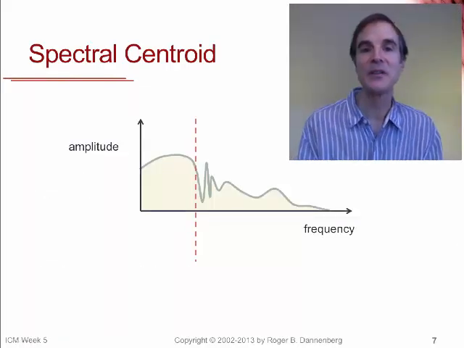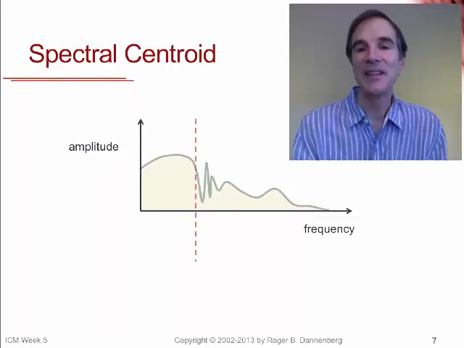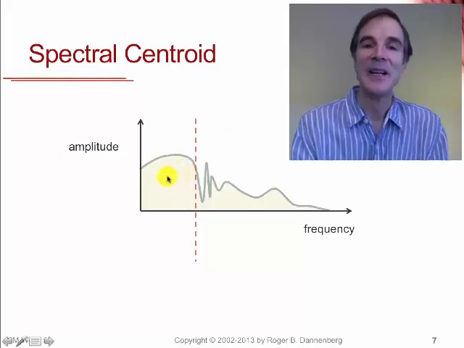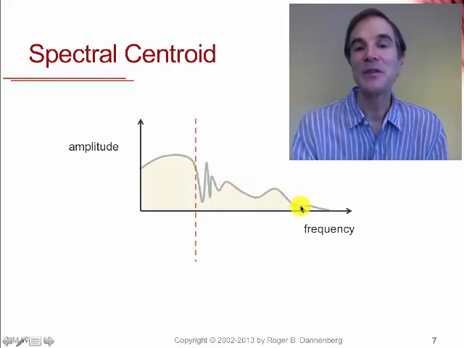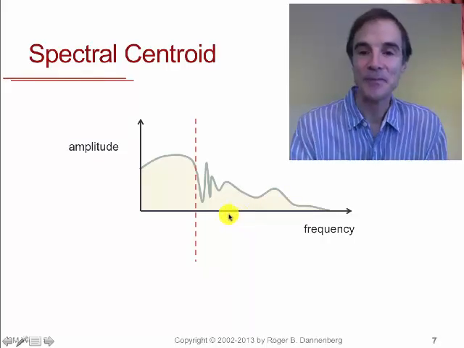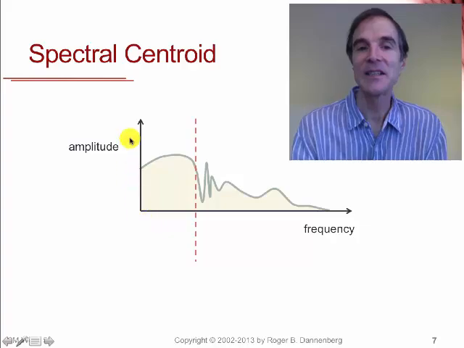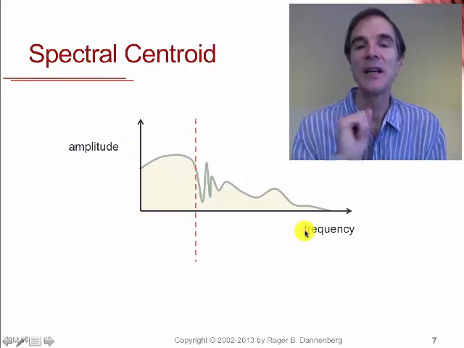Let's look at a picture of that. I think this to me makes everything much more clear. This is the amplitude spectrum of some signal. Again, it's the frequency axis, it's amplitude versus frequency.